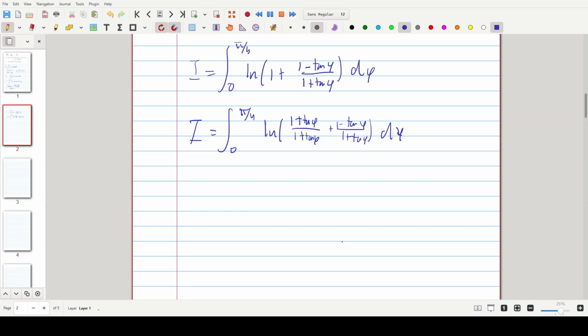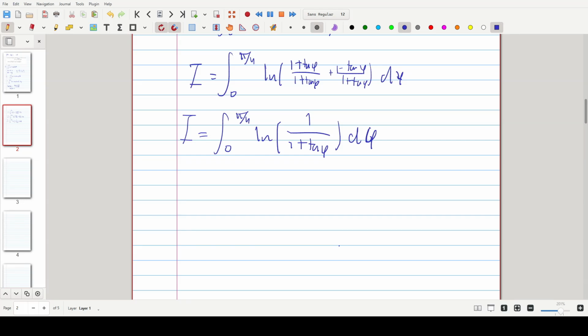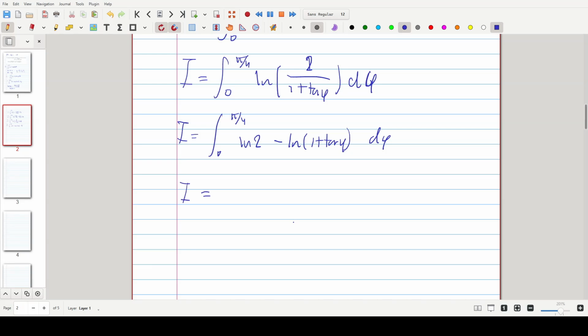So notice that these two tan phi's just cancel out, so we get I equals the integral from 0 to pi over 4 of ln(2 over (1 plus tan phi)) d phi. Oh, this is actually supposed to be a 2, not a 1, my bad. So now we're going to use our log laws to split this: ln 2 minus ln(1 plus tan phi) d phi.